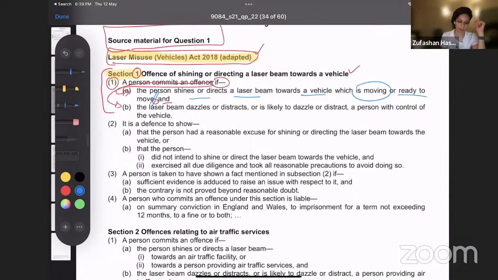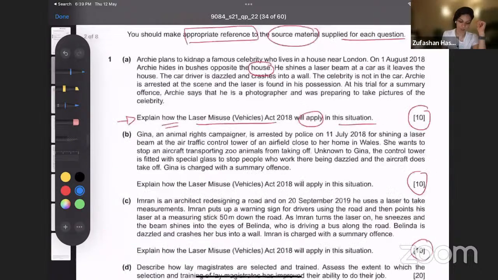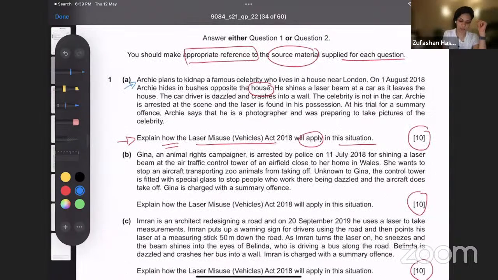So if you scroll back up and use this one part for this situation, Archie plans to kidnap a famous celebrity who lives in a house near London. On 1st August of so-and-so year, he hides in the bushes opposite the house. He shines a laser beam at a car as it leaves the house. This is relevant because we use this one sentence, and then we look at the law.